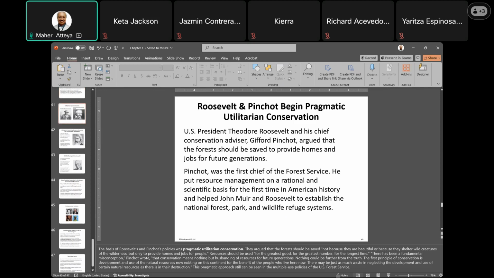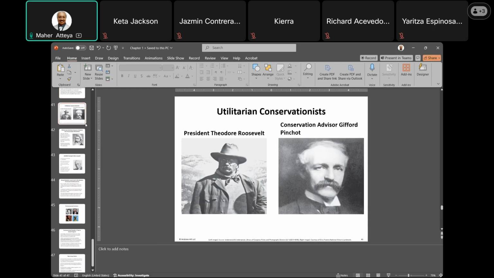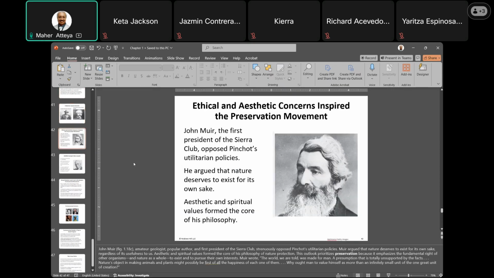Furthermore, we have pictures of President Theodore Roosevelt and the advisor Pinchot, and other scientists who contributed.